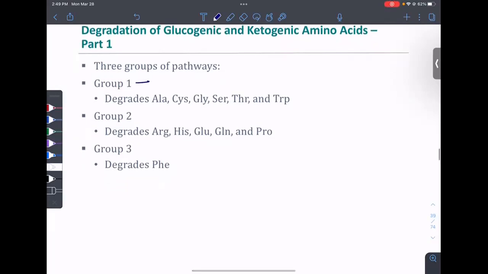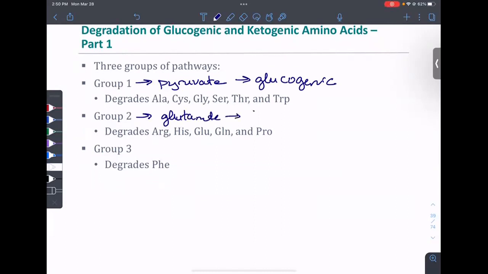So group 1 is going to be used to make pyruvate. We have a big group of amino acids that are used to make pyruvate. And because we're making pyruvate, we're going to call them the glucogenic amino acids. Then group 2, we're going to convert to glutamate, and glutamate to alpha ketoglutarate.